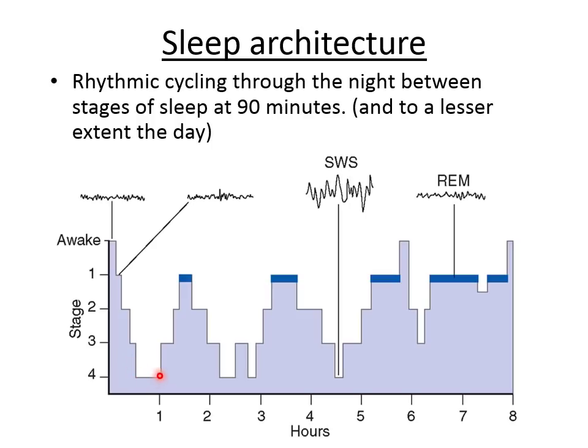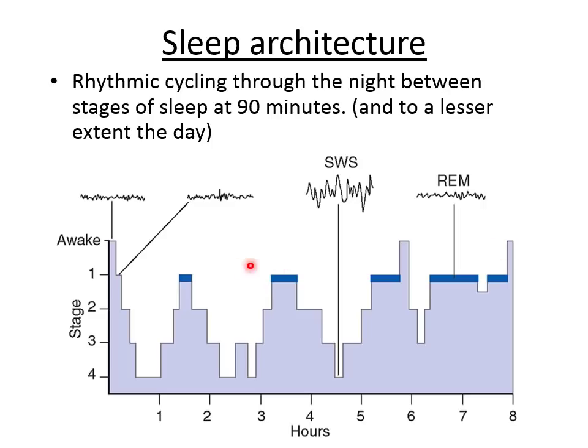Then 90 minutes later, they'll cycle back up to generate REM activity, that is, rapid eye movement sleep with dreaming, and then cycle down over the next 90 minutes into slower and slower frequency, where you see slow wave sleep, stage 4 sleep. Then another 90 minutes later, they'll cycle back up into a REM cycle with dreams. Those cycles will continue throughout the night, the REM cycles getting longer and longer, until the person finally wakes up.